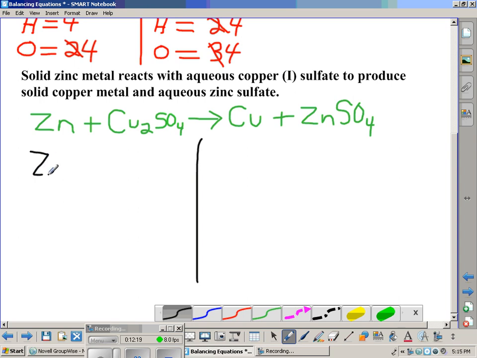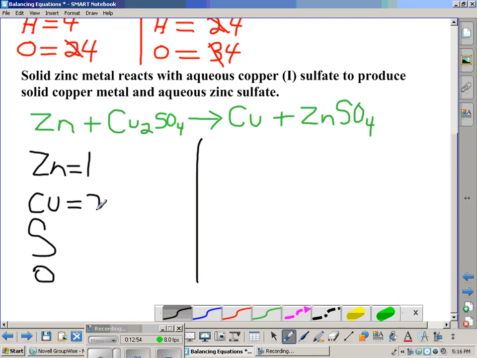So I've got zinc, I've got copper, and we can either list the sulfur and oxygen separately, or we can just look at that and realize, hey, that's a polyatomic ion. I think I'm just going to list them separately this time. So sulfur and oxygen.